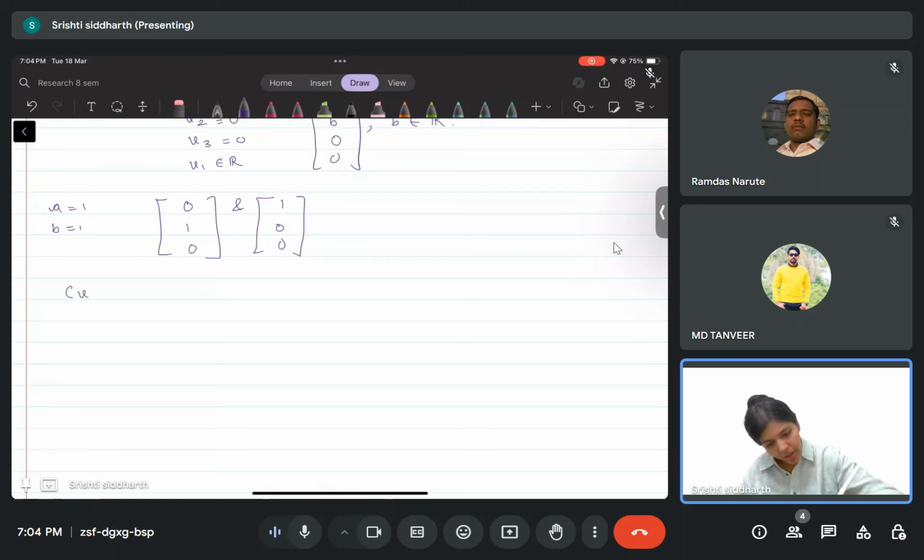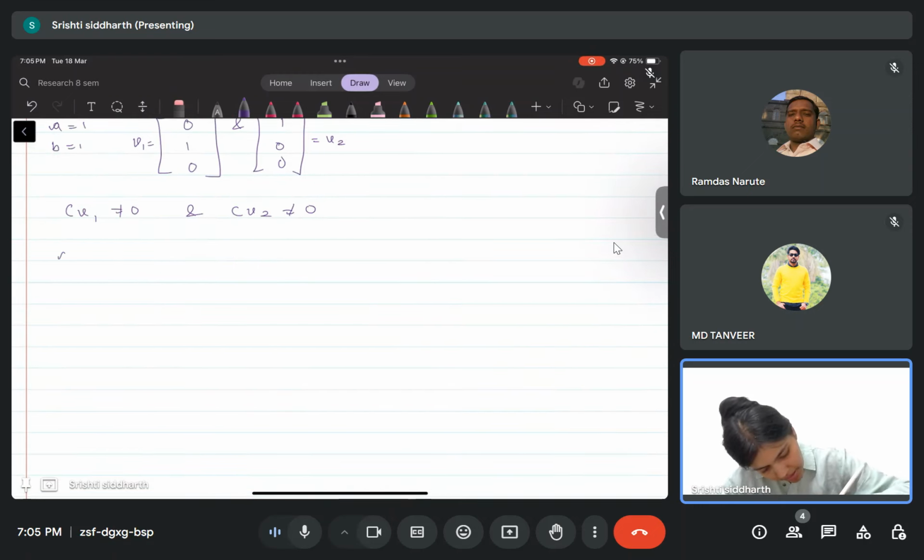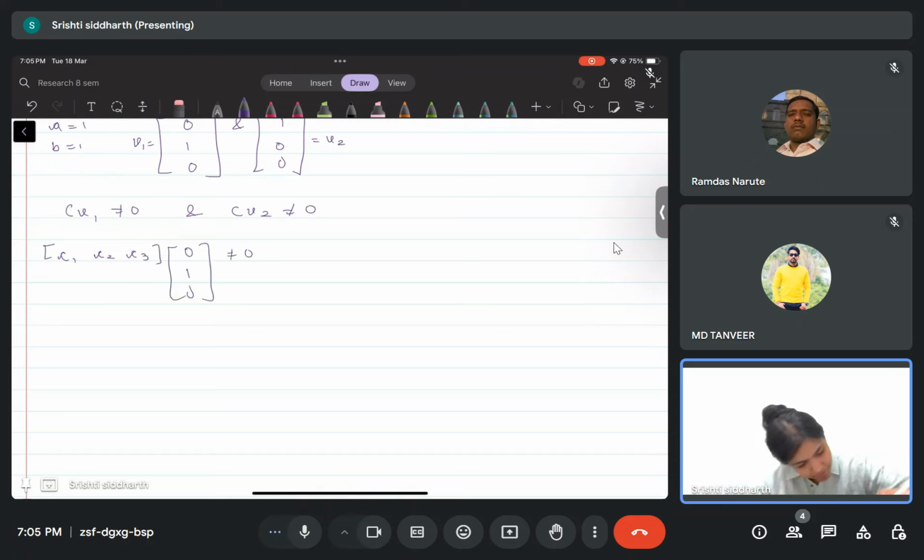Let's name this v1 and this v2. C applied to V1 should be non-zero, and C applied to V2 should be non-zero. Alright, so let's see. We have C1, C2, C3 times 0 and 0, which implies that C2 should be non-zero.